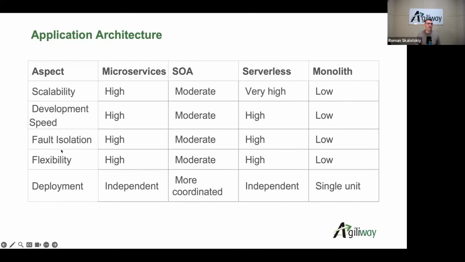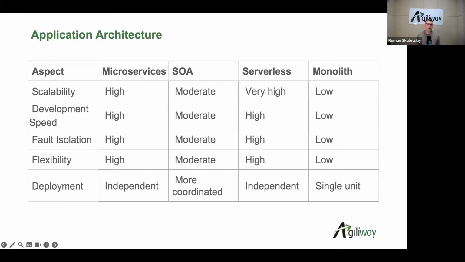Next one is the development speed. Microservices has high as well, because of the parallel development of services. SOA moderate, requires the coordination, but supports the parallel work.